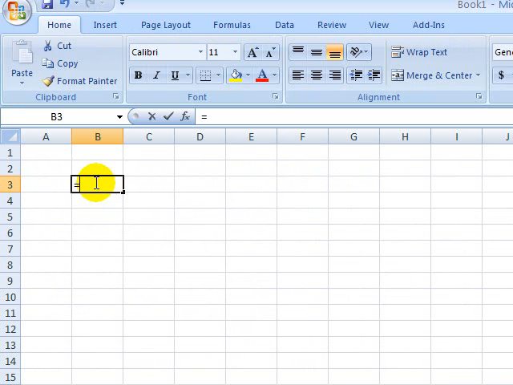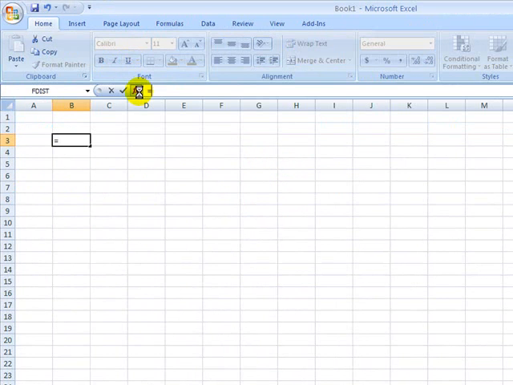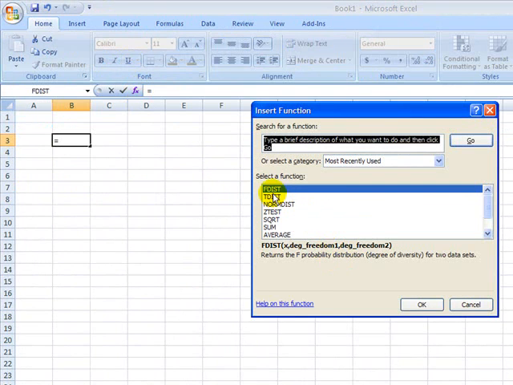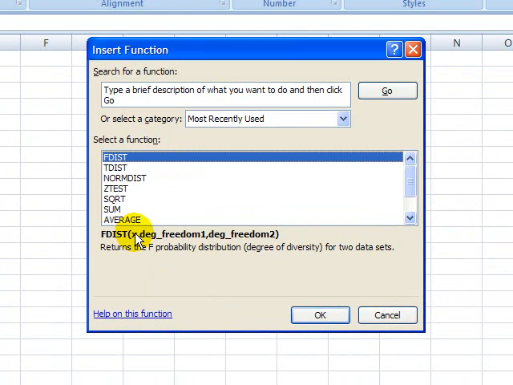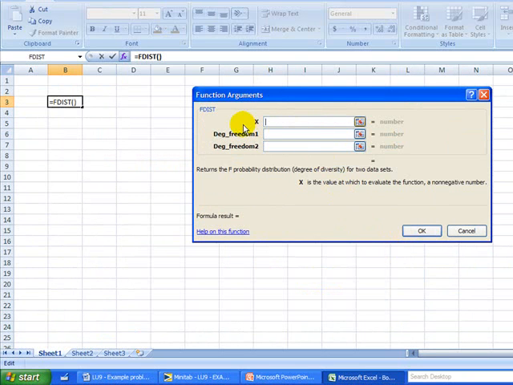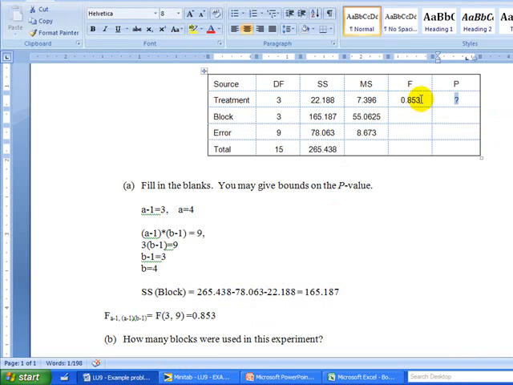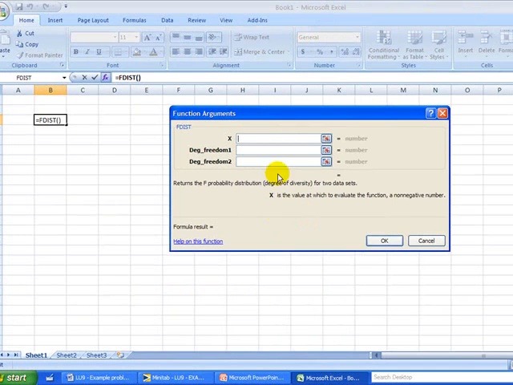So what I will do is use the function f distribution. Here it is, you can see f distribution x, degrees of freedom 1 and degrees of freedom 2. X is actually the f value at that point, right? So my x value is 0.853.